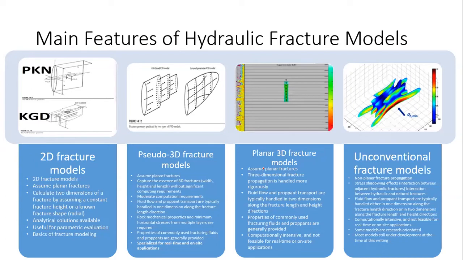But as you know, it takes a lot of computational time and a lot of computational cost in the processors needed for such models. So most companies prefer this handy tool which is called GOHFER.